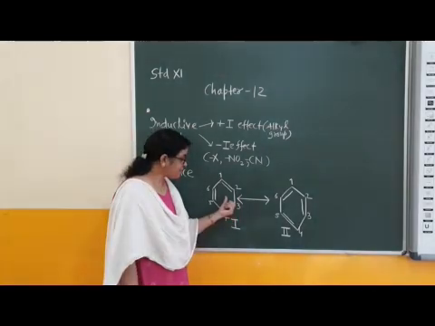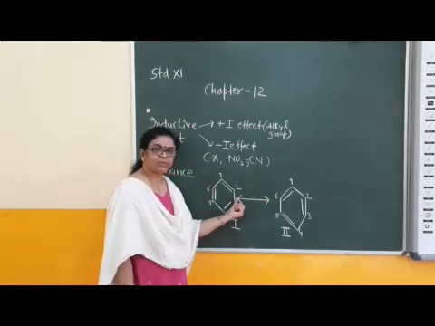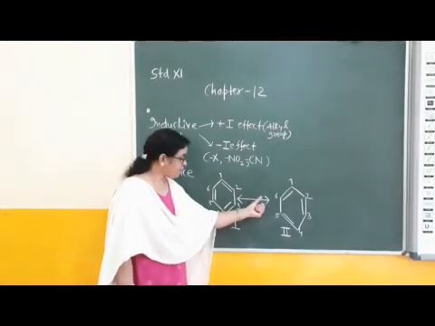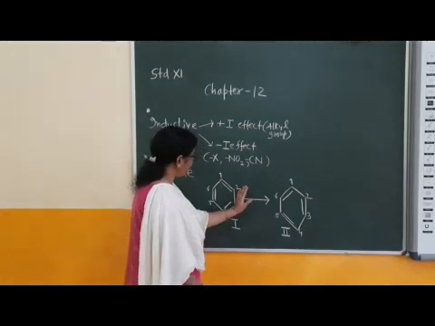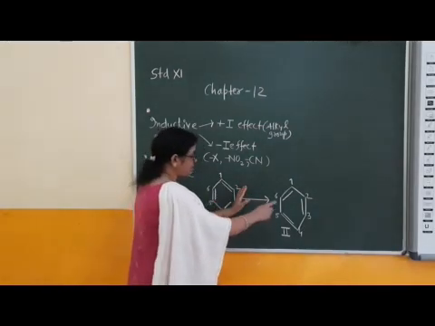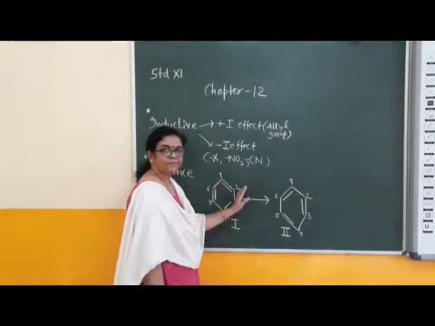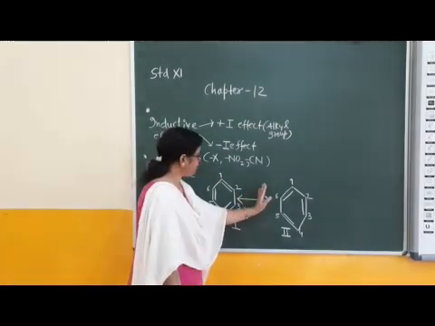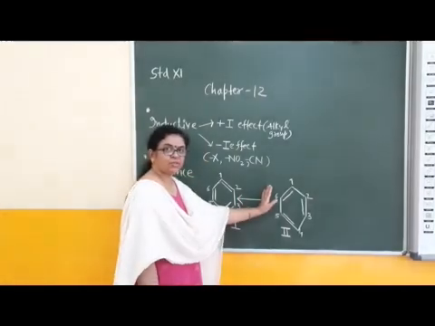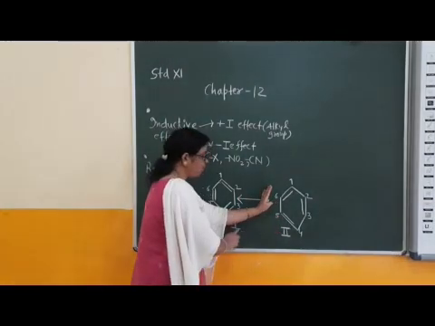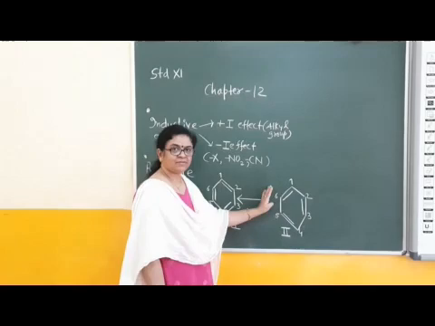Right? And resonance is shown by a double-headed arrow. This head of the arrow shows conversion of structure A into structure B, or structure 1 into structure 2. And in the backward direction, this arrow shows conversion of the second to the first one. Right?